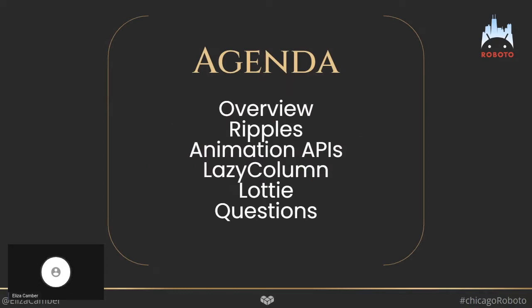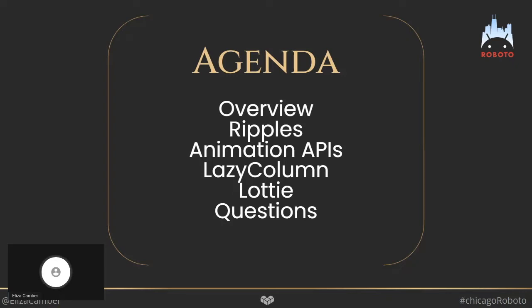For today's agenda, we're going to talk about animations in Jetpack Compose. Who over here is already using Compose? Okay, that makes me happy. All right, so first we're going to have a small overview: when and where do we use animations?